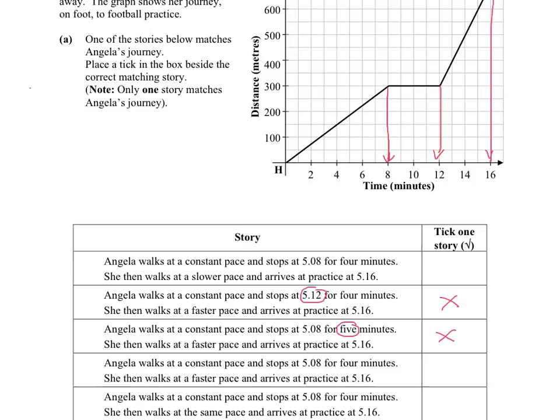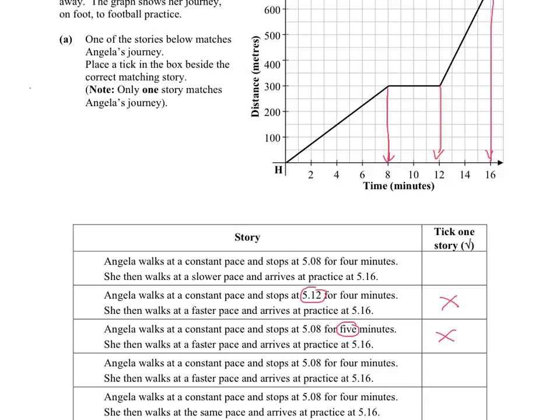Now, if you actually read through the final statements, they're all exactly the same, with one single thing that is different. It talks about walking at a slower pace, a faster pace, or the same pace. All of them are still a 5:08 finish. All of them are still a further 4 minutes. All of them have a total practice time of 5:16.